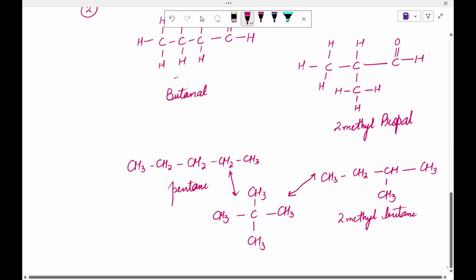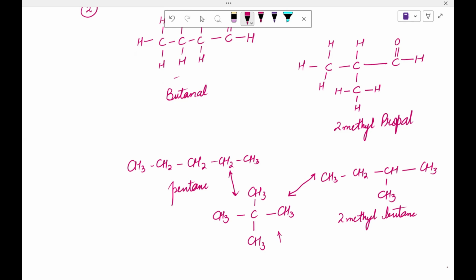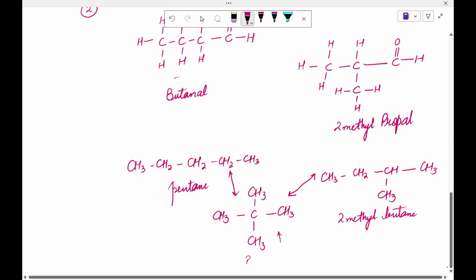So what do we call this one, how can we name it? Chain isomer. How will we be able to name it? This is 2,2-dimethylpropane.